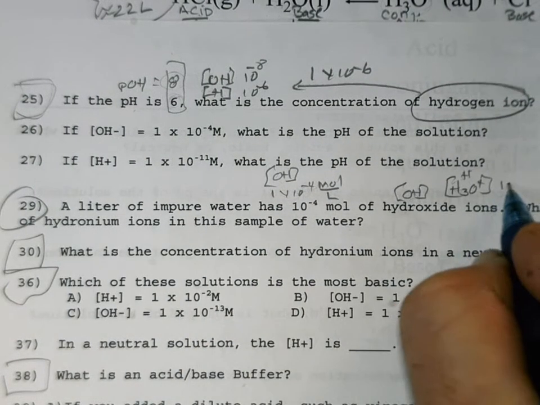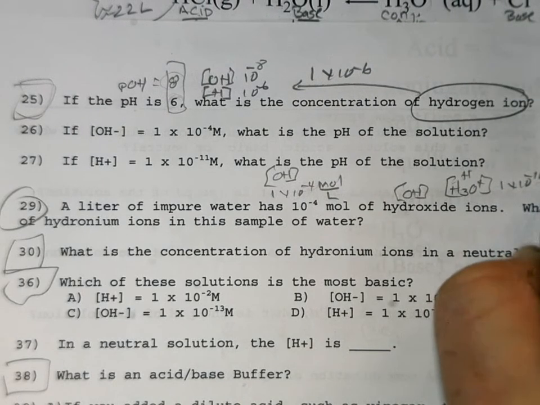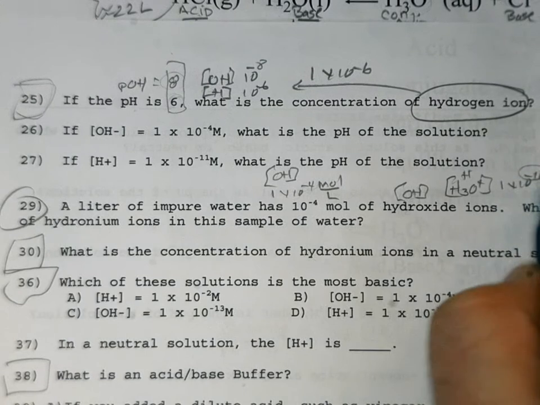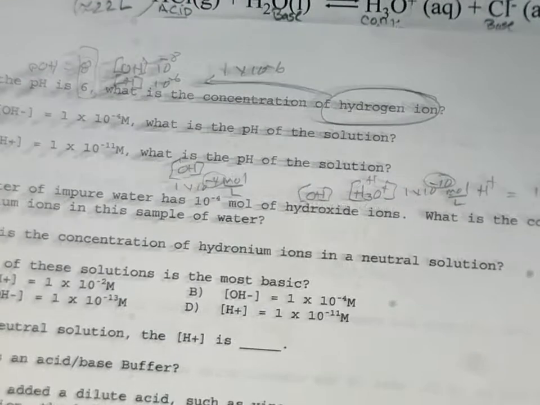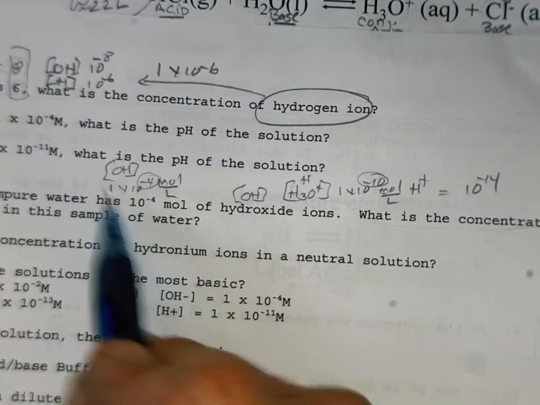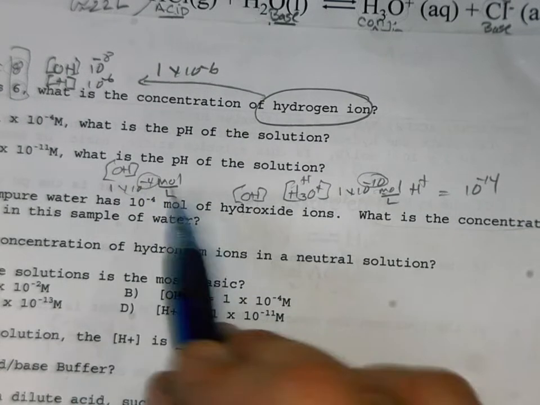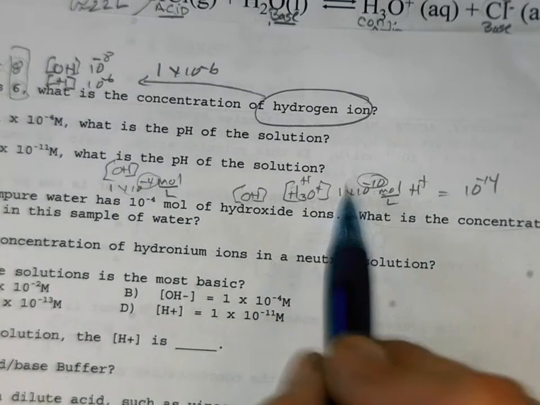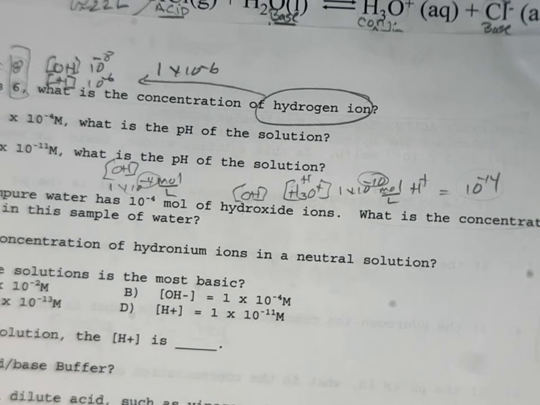This would have to be 1 times 10 to the minus 10 moles per liter of hydrogen ion, because this and this have to add up to 10 to the minus 14 over there. So if you know how many hydroxide ions you have in concentration, then you just add or subtract, so you get 10 to the minus 14. May I go on?